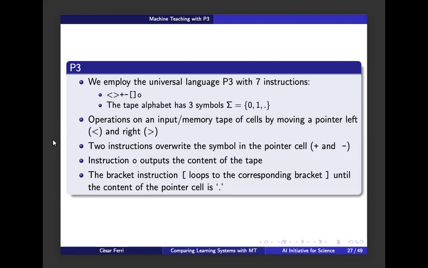We have the instruction O, the output, to print the value at the pointer, and loops are implemented by brackets. The code inside the brackets is a loop, and the loop runs until the pointer finds a zero value. And we have only three symbols: 0, 1, and the end symbol.